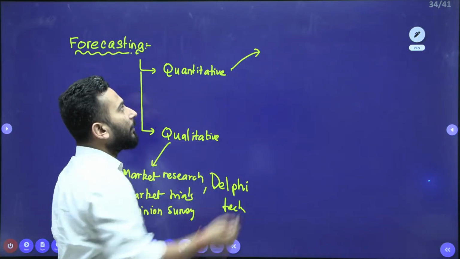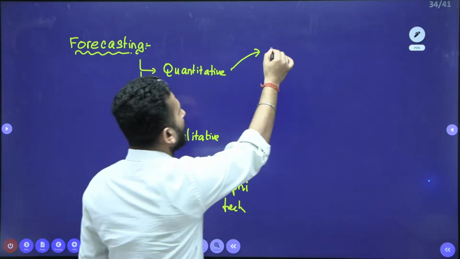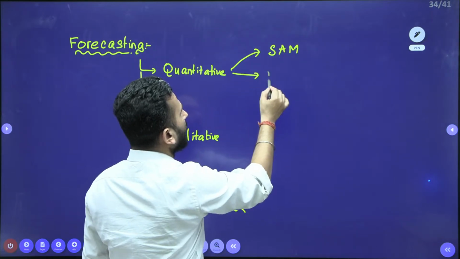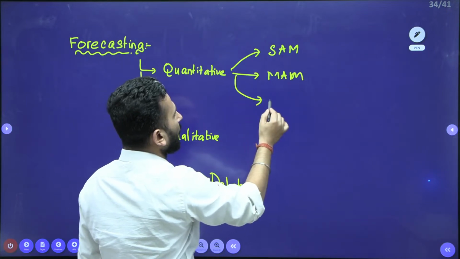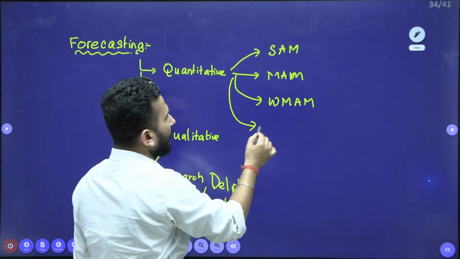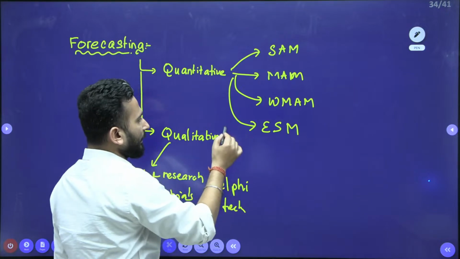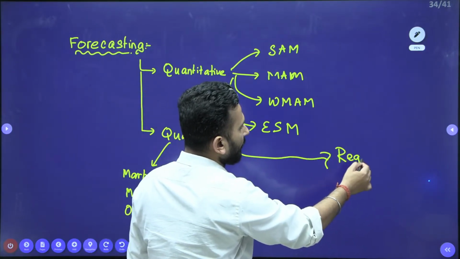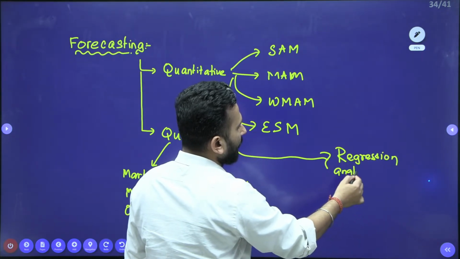In quantitative methods, what is there? There is simple average method, moving average method, weighted moving average method, and then exponential smoothing method. And separately, there is one topic, and that is regression analysis.